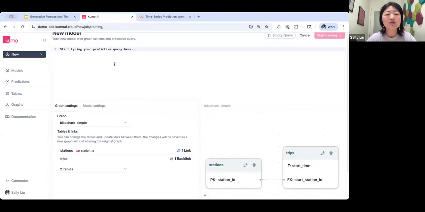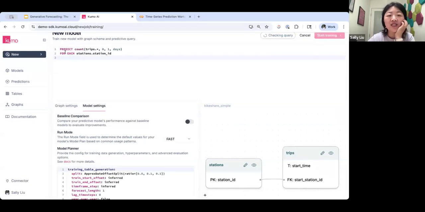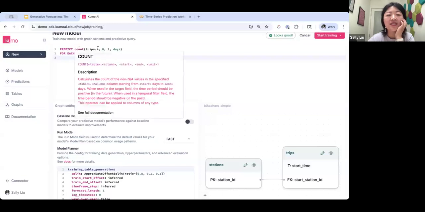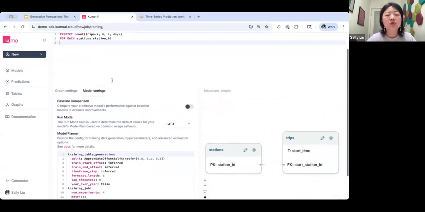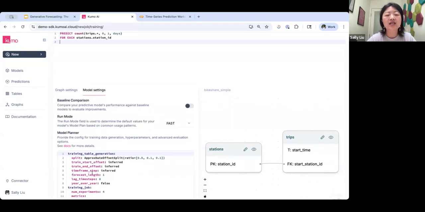Then what we want to do next is to write our predictive query, what I have showed, which is for each station ID, first specify the unit, which is the next day, and then we want to change the forecast length to 30 to make sure this is a time series prediction. And then we can change the split here to fit our use case.